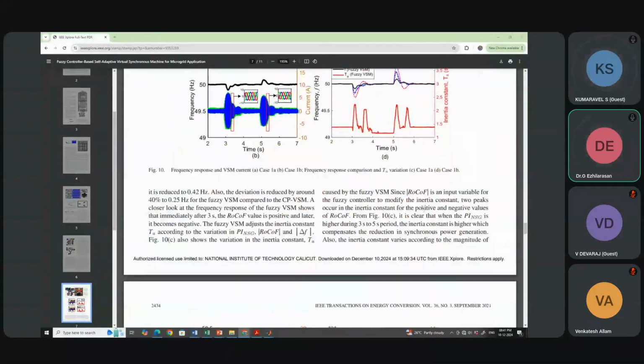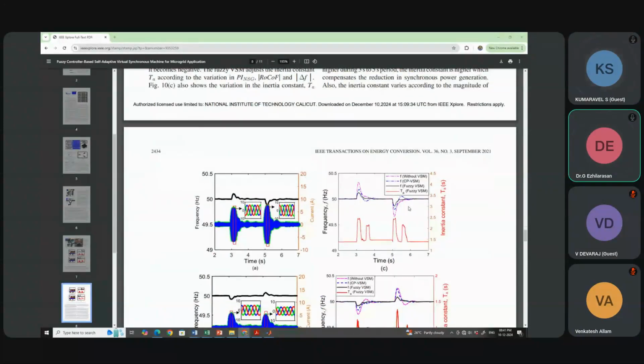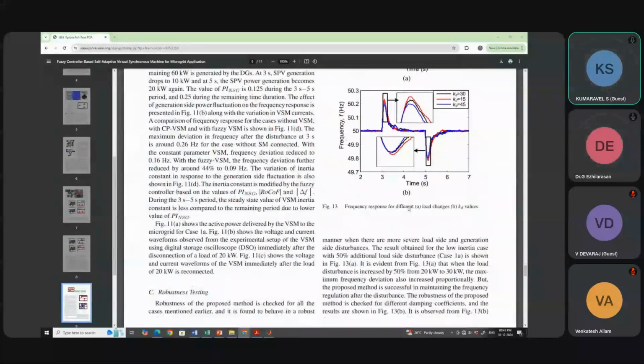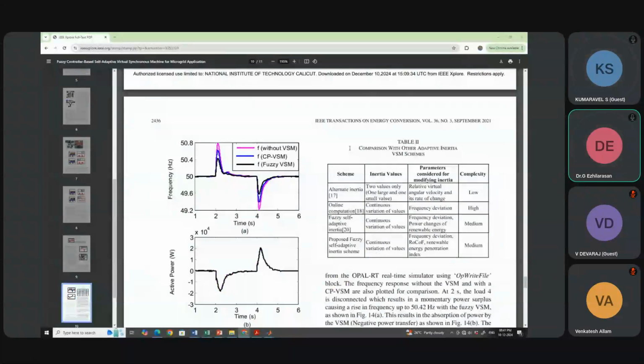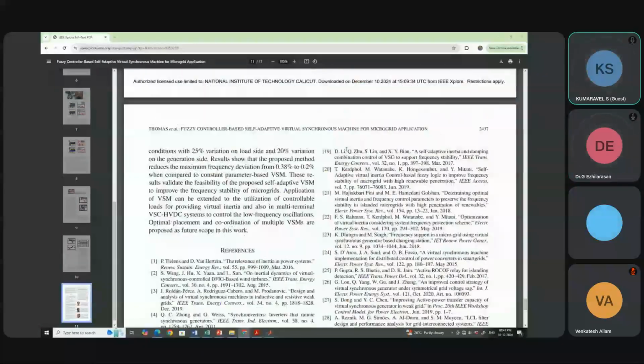All the things we have explained. Okay, this paper you can look into it. I can also share the paper with you. If you have time, you can look into this paper. This is one of the very good work what we have done in our lab.